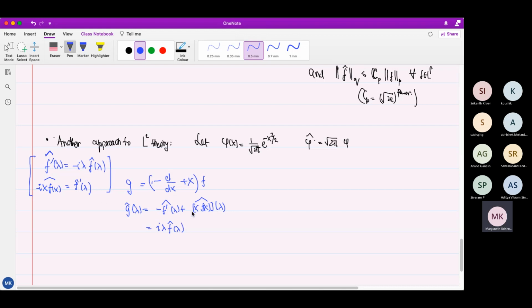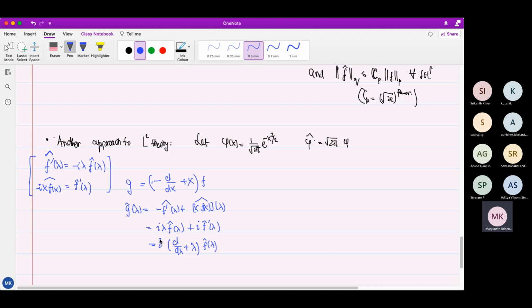And what is x f of x? Its Fourier transform, if you transfer the i to the other side, you will get plus i times f hat dash of lambda. So what we get is i times d by d lambda plus lambda applied to f hat of lambda. It is not minus d by d lambda, but d by d lambda. Is that a problem?